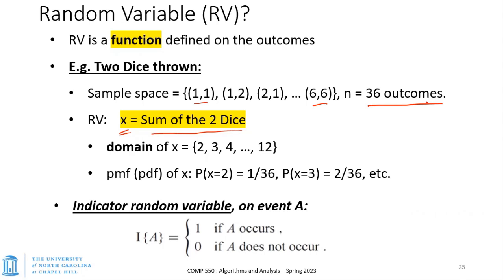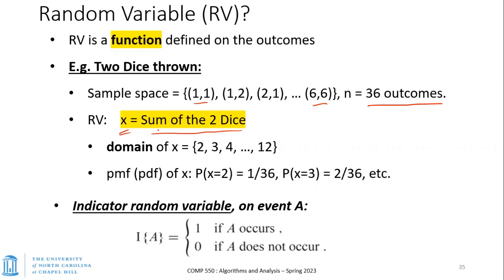This is a slightly different experiment. Now we're taking the sum of those two dice, so we're defining a function. It could be a multiplication, or any other function. As long as you define a proper function, that would be called a random variable.